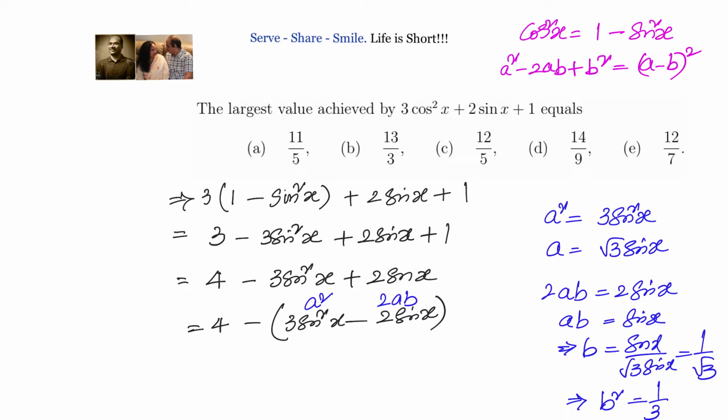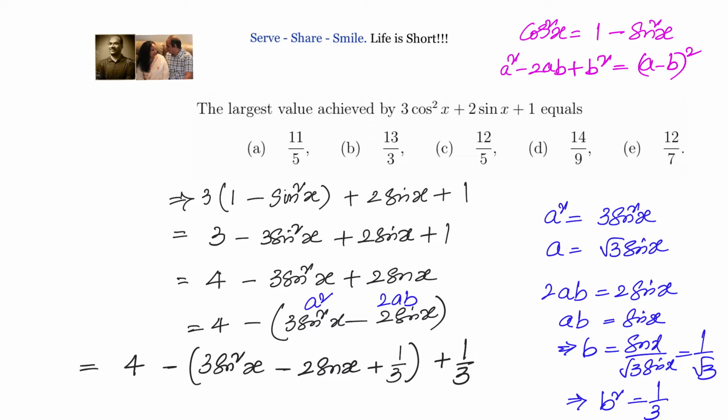So we will have 4 minus of 3 sin square x minus 2 sin x plus 1 by 3. Then we have to add 1 by 3 because we have minus in front, so that is negative 1 by 3. We have to add plus 1 by 3 so that we can balance out.